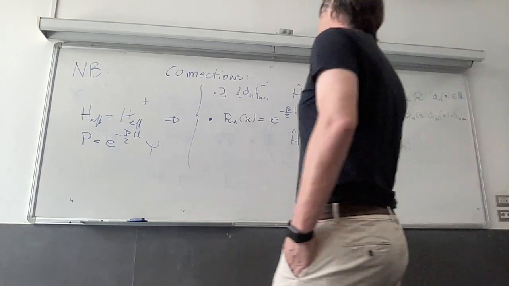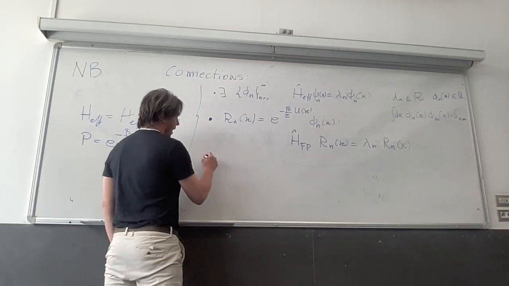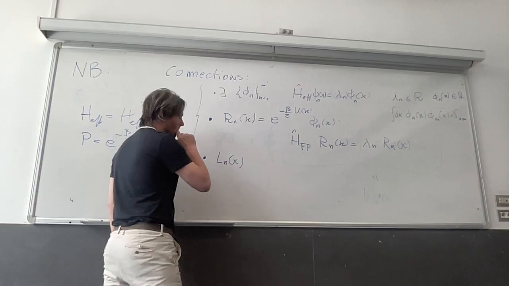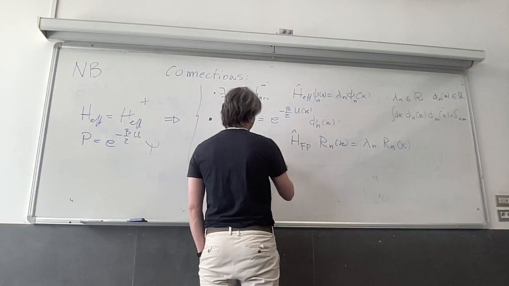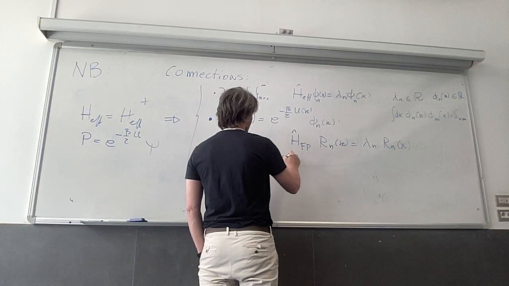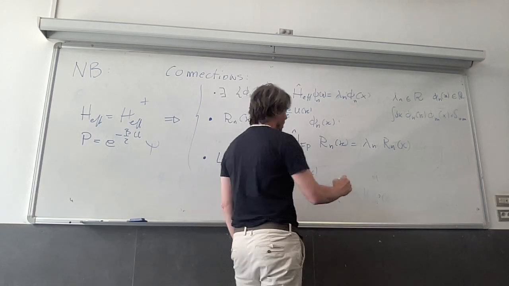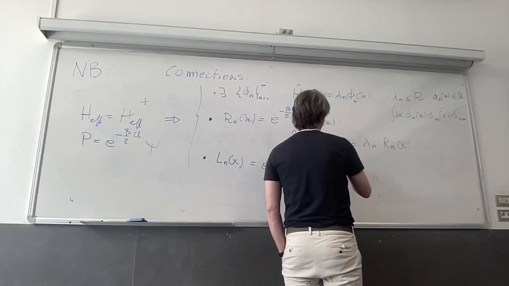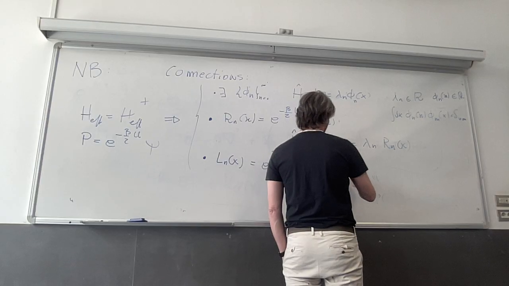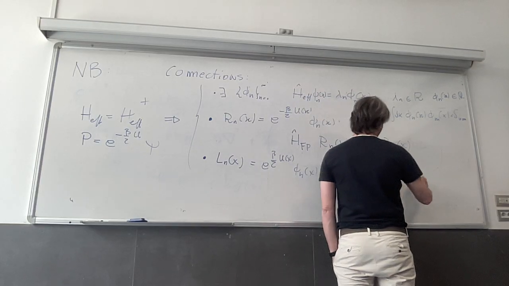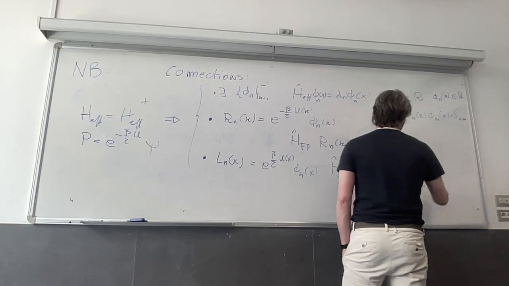Well, let's continue. Now I call L n of x equal to e to the beta half u of x phi n of x. And guess what? The adjoint of the Fokker-Planck operator acting on L n of x is equal to lambda n L n of x.